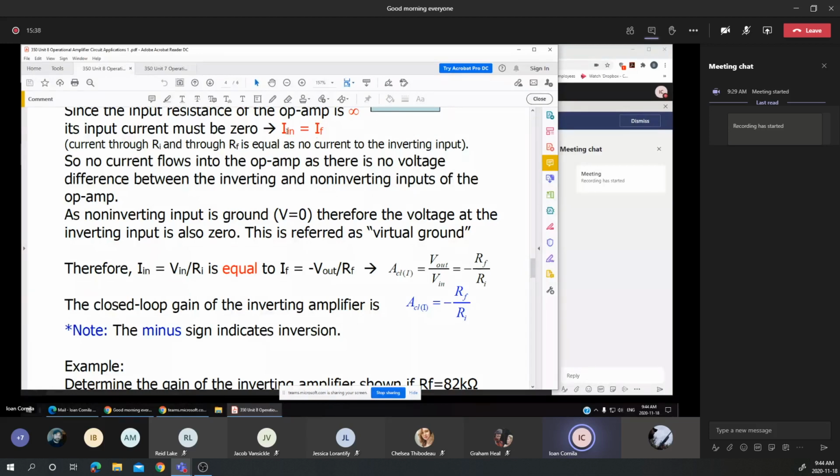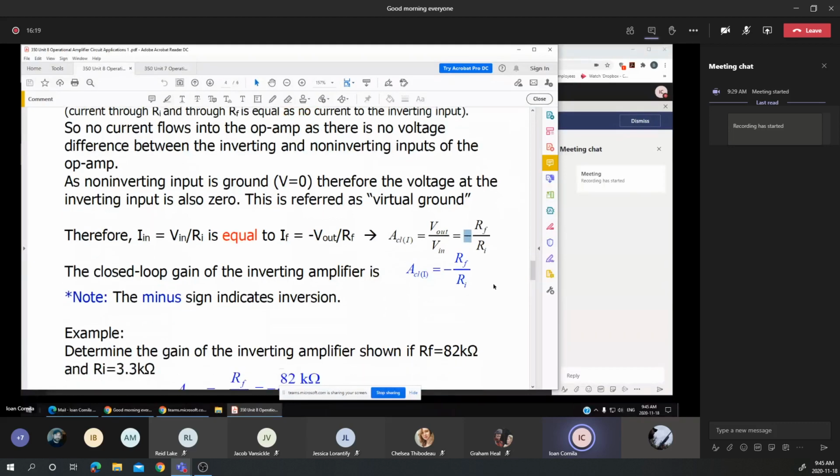Having defined the two currents, we can find the gain for an inverting amplifier, the closed-loop gain AC, because there is a feedback network, the bracket for I, as V out over V in. Having those two equations, with the two currents being the same, we find that the gain for a closed-loop inverting amplifier is negative RF over Ri.